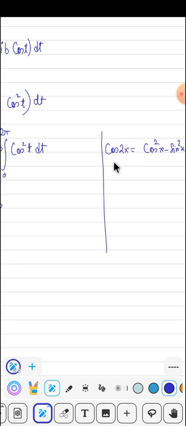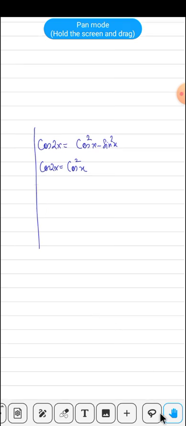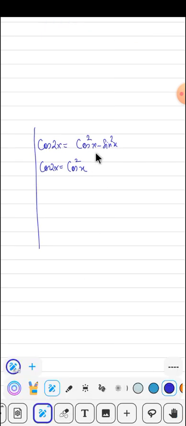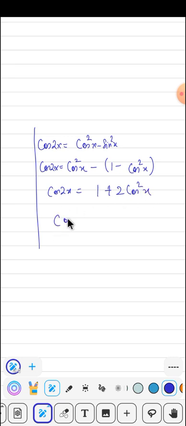And if you look at this, cos 2x is equal to cos square x minus (1 minus cos square x), or cos 2x is equal to 2 cos square x minus 1, or (cos 2x plus 1) upon 2 is equal to cos square x.